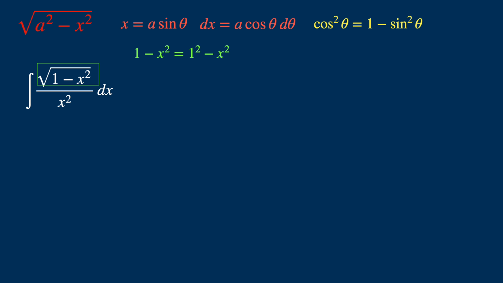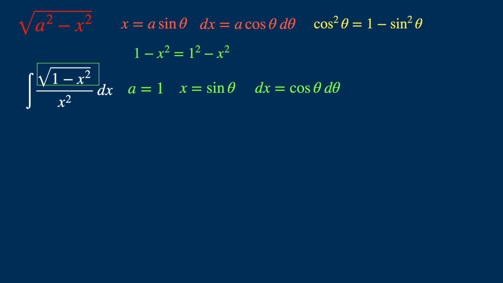We write 1 minus x squared as 1 squared minus x squared, so a should be 1. x is gonna be a times sine theta, that's gonna be sine theta. dx is gonna be cosine theta d theta. Here is a very important thing: you have to make a good decision to find the right trigonometric substitution, and then follow each step.